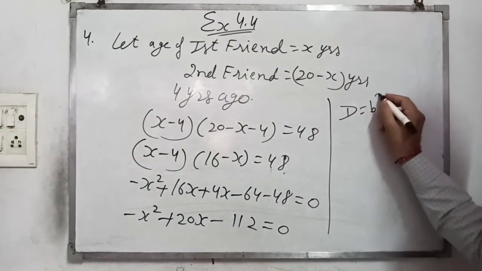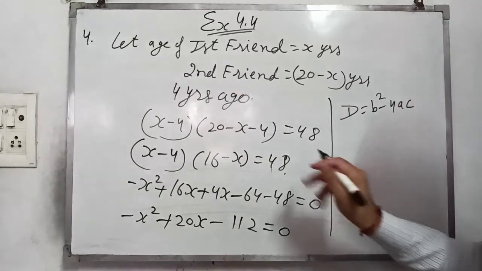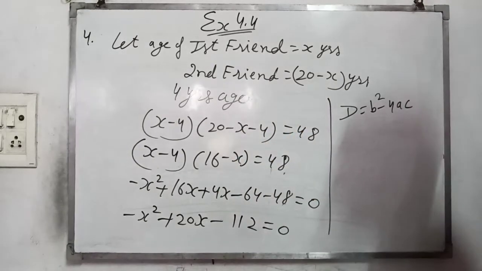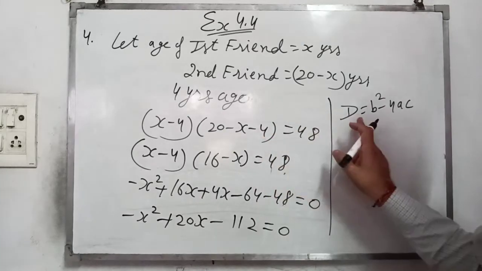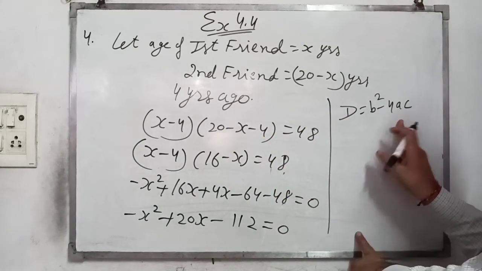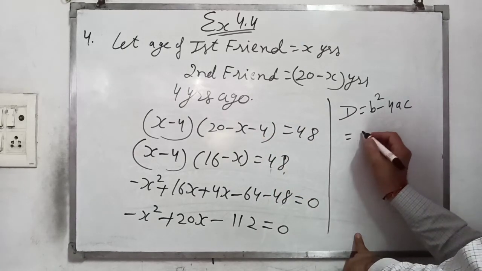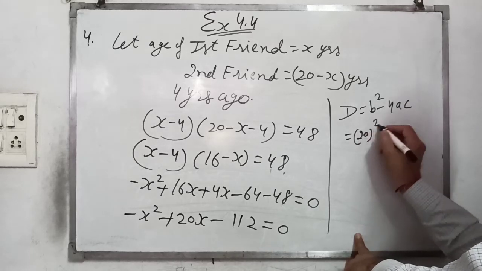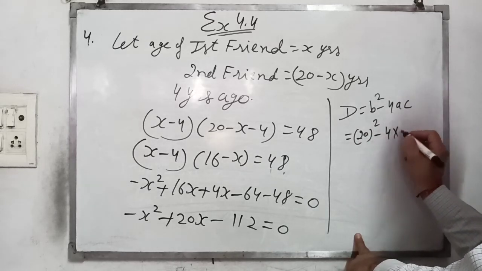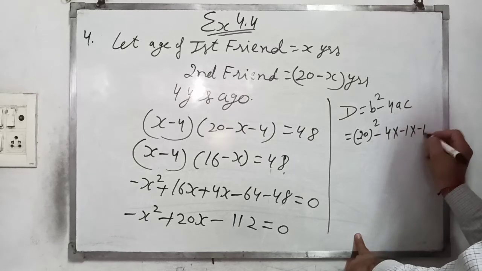D equal to b square minus 4ac. In such questions where it asks whether the situation is possible or not, first of all you find the value of D. So D becomes 20 square minus 4 into minus 1 into minus 112.